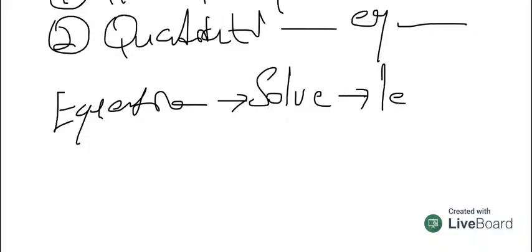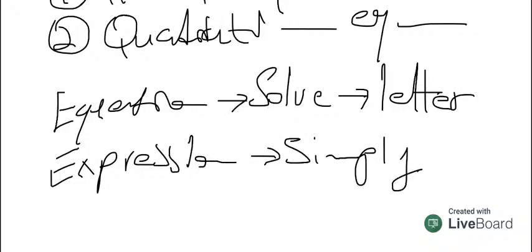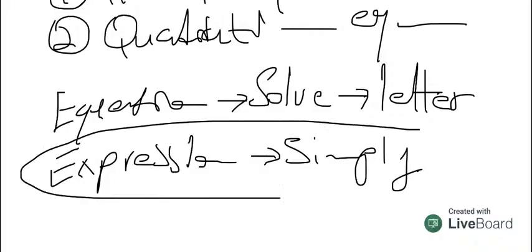We are solving for the letter. I said when we have an expression, we simplify. So when you have an expression, just think of you being given something which is long and you need to simplify it, meaning you need to rewrite it in its simplest form. That's what we are going to be doing when we get to a stage where we need to deal with the expressions. But now let's look at the equations.